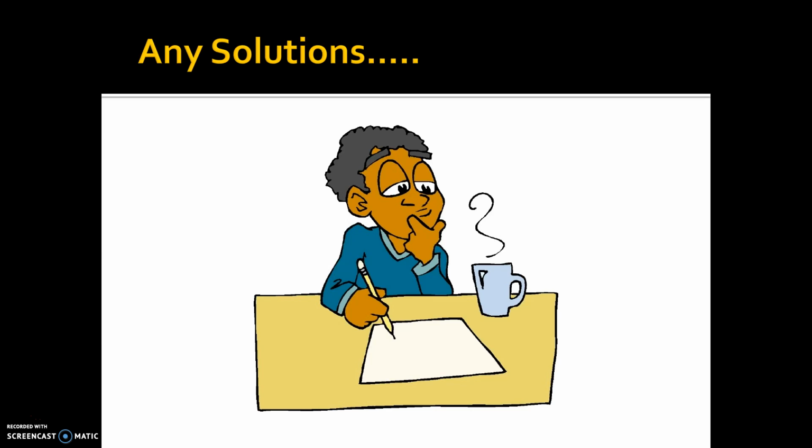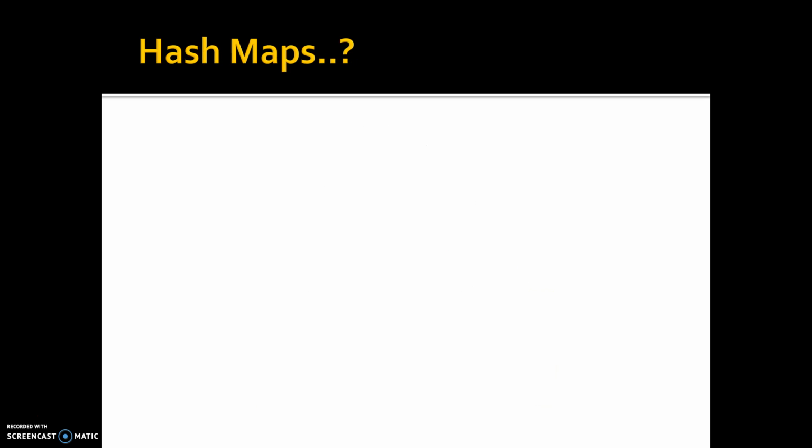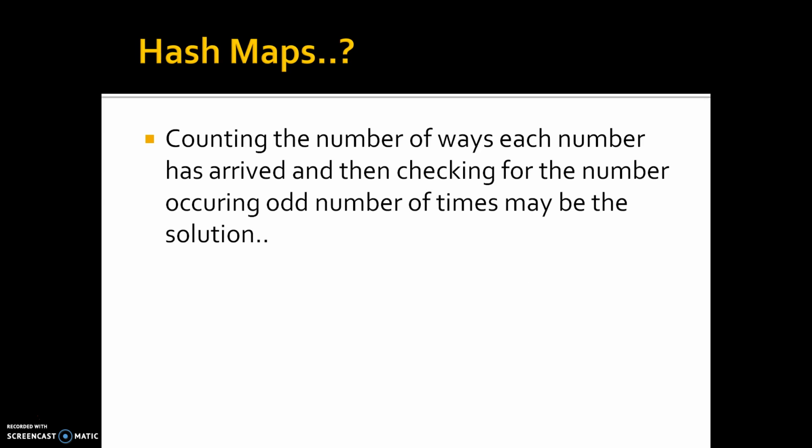The naive solution would be to count the number of times each number appears in this array. For example, 9 appears 4 times, 4 appears 3 times, 8 appears 2 times, etc.